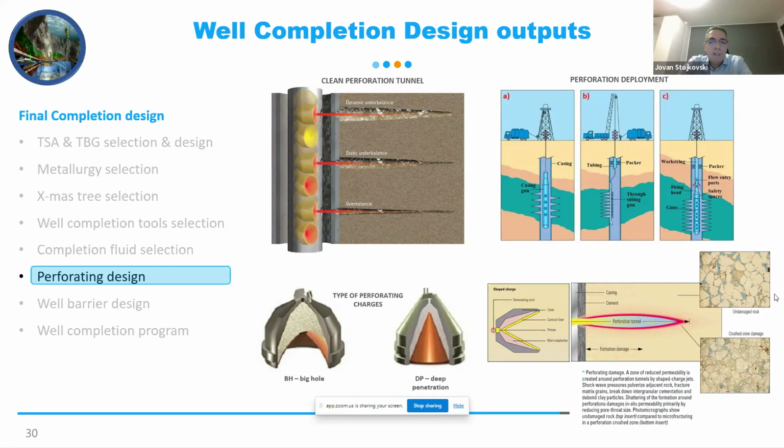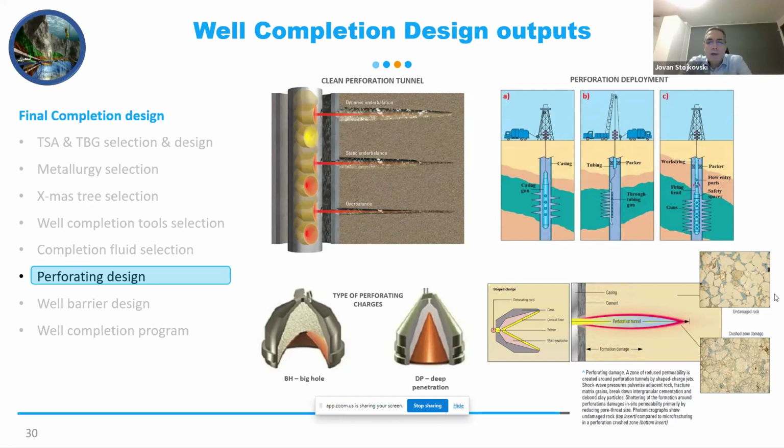You can distinguish that from the words. Deep penetration will penetrate very deeply. Very deeply is not more than a couple of 10, 20 inches, maximum 30 inches, depending on the charges and the weight of the charges.